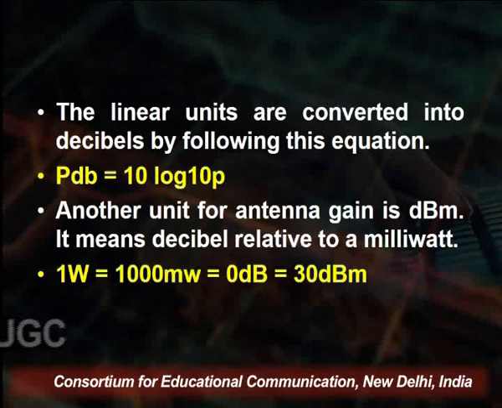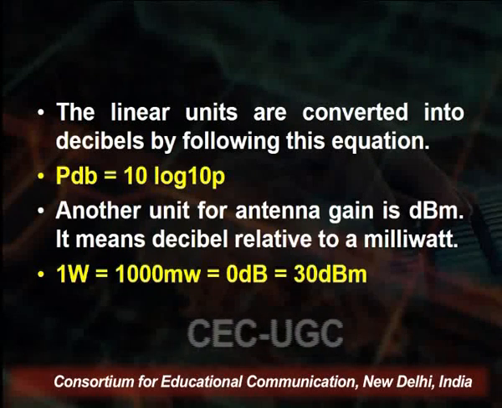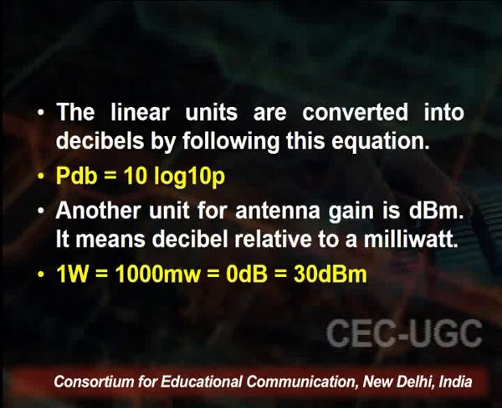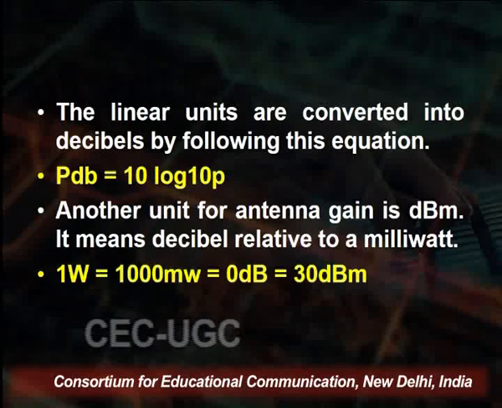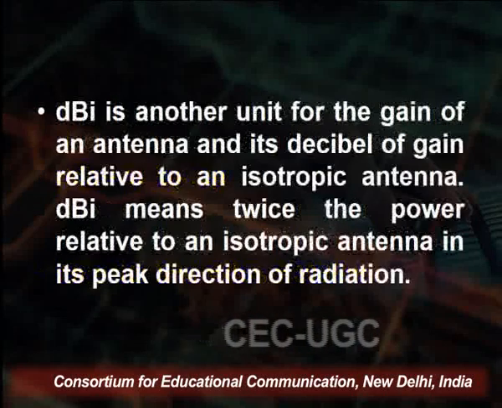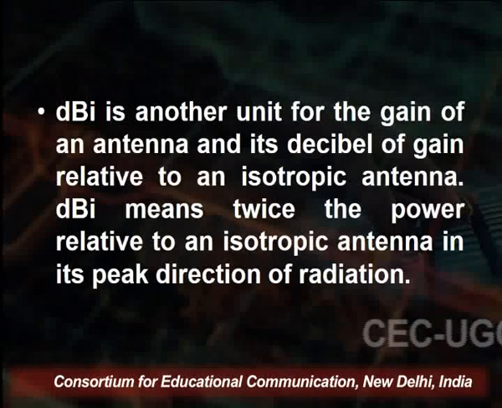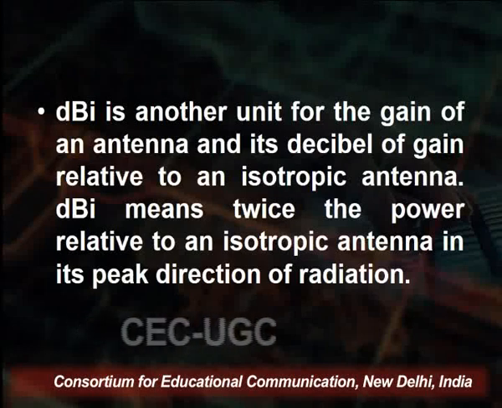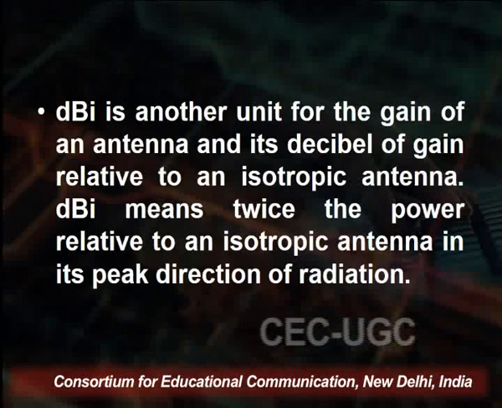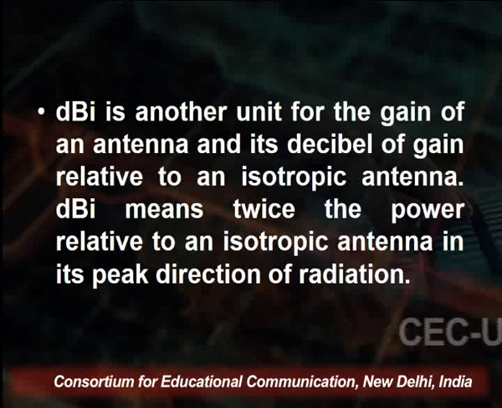Another unit of antenna gain is dBm, where M relates to the milliwatt. It means the decibel related to the milliwatt. 1 watt is equal to 1000 milliwatt, that is 0 dB is equal to 30 dBm. Then dBi is another unit of gain, for the isotropic antenna. dBi means the power relative to the isotropic antenna in its peak direction of the radiation.